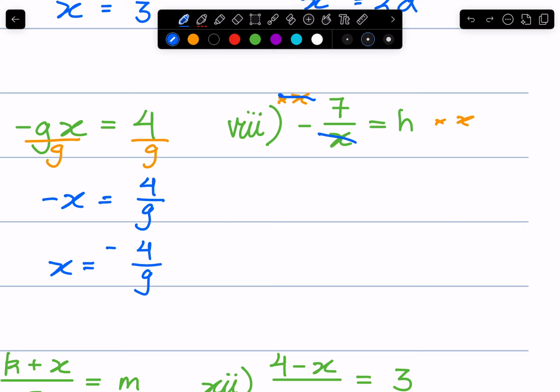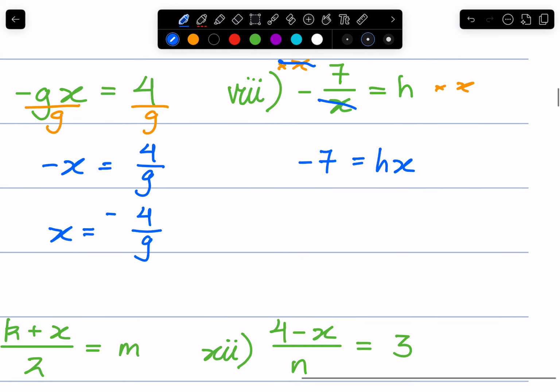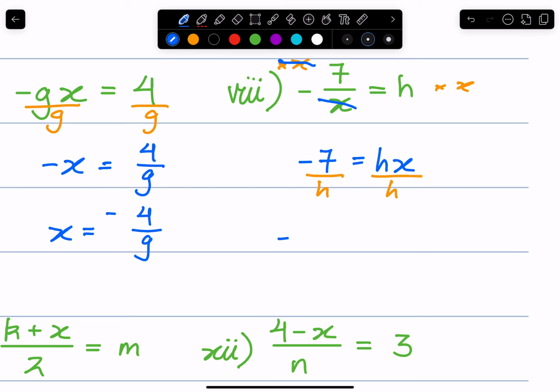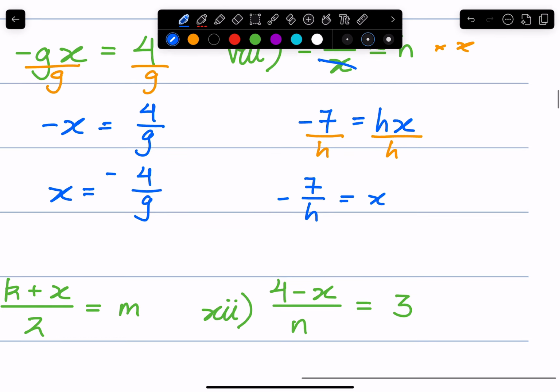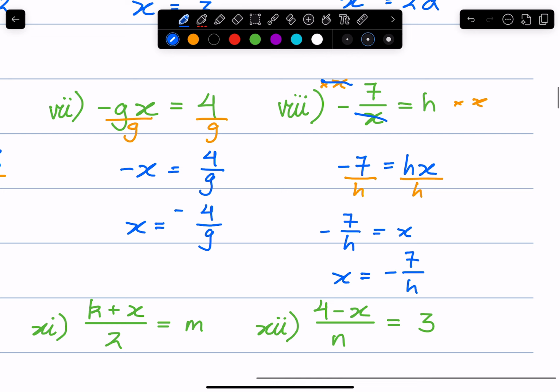On the left-hand side, we are left with negative 7. h times x gives us hx. Now that we are at this step, we divide by h, leaving us with negative 7 on h equaling x, which we could write as x equals negative 7 on h.